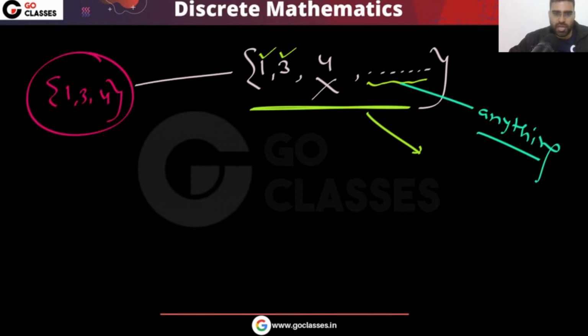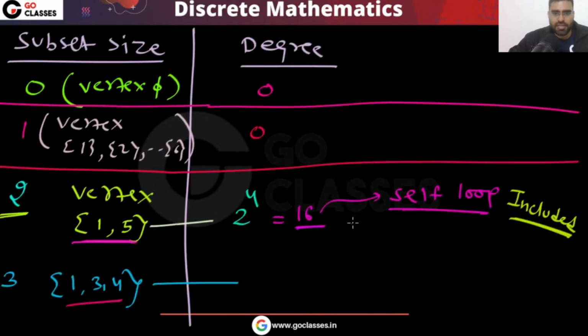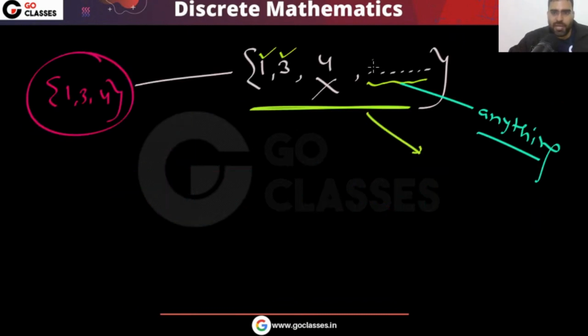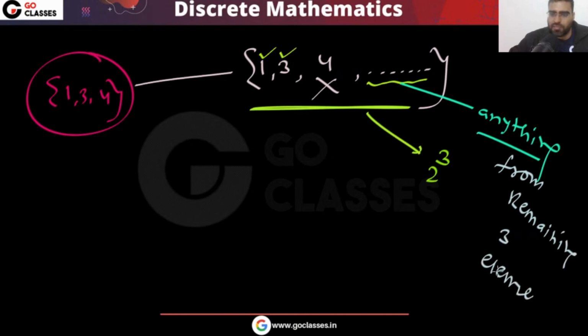If you have n instead of 6, you generalize, but we will generalize after some time. Here, from the remaining 3 elements, you can take any superset. So this will be 2 power 3.